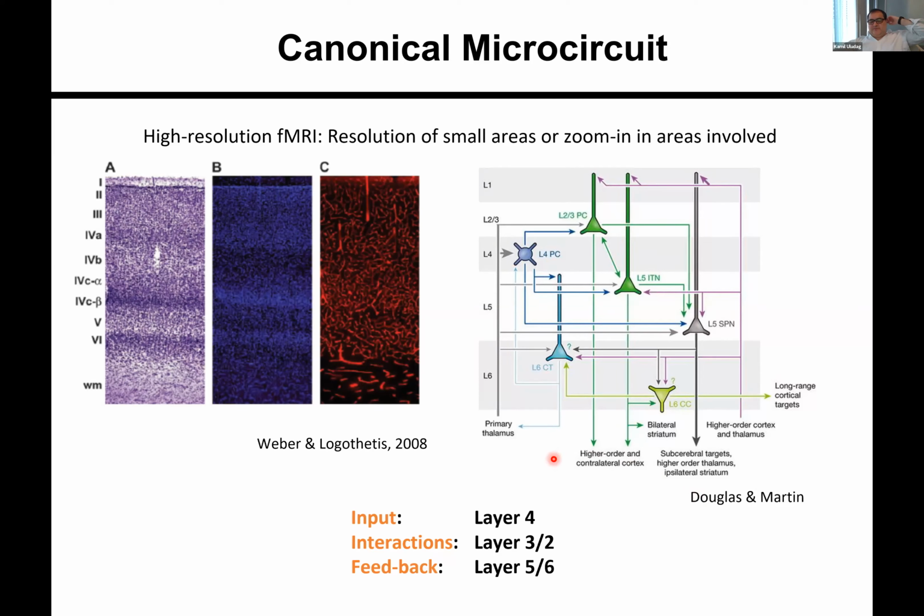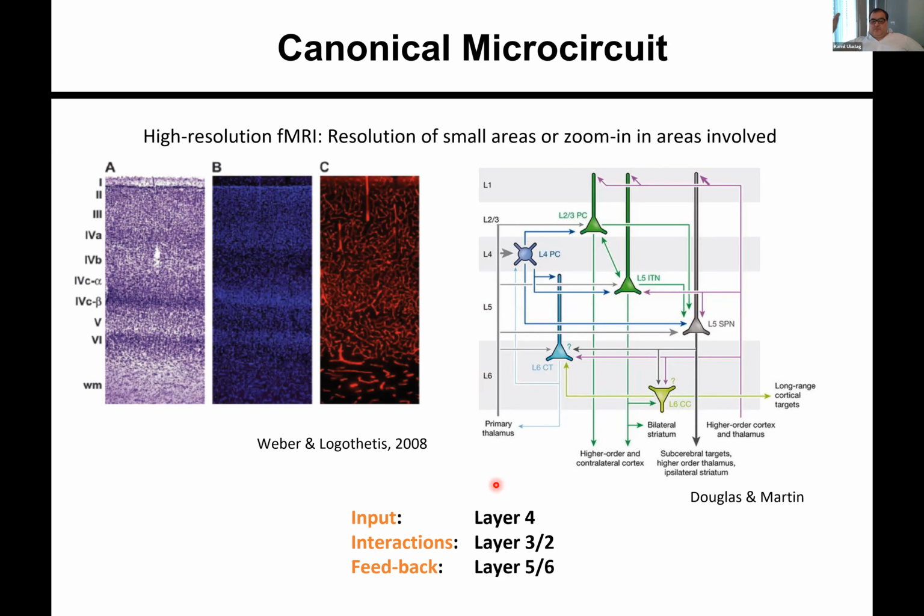The very simplified view is, obviously very much a simplification compared to reality, that layer 4 receives feed-forward input from thalamus, then the signal is distributed, then you have long-range cortical targets and feedback, and their synapses are distributed differently than the input to the layer.